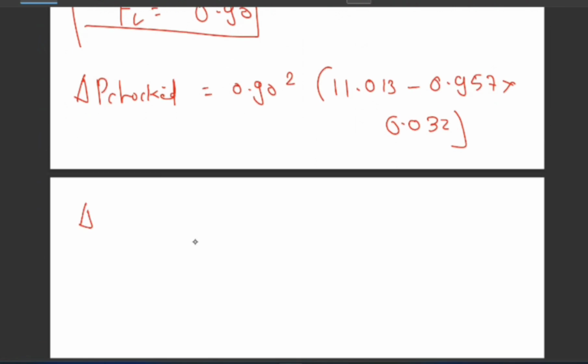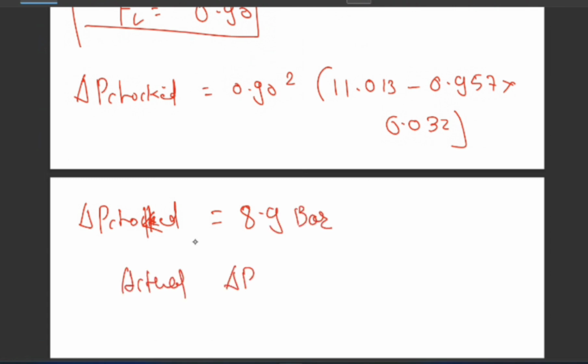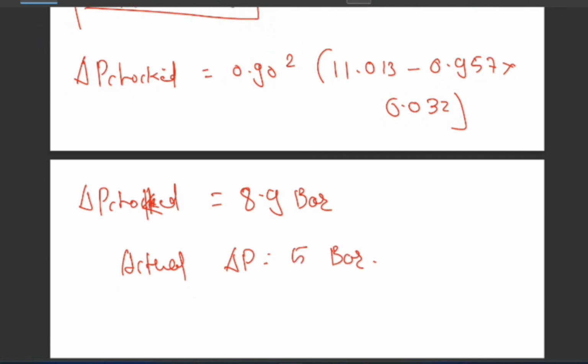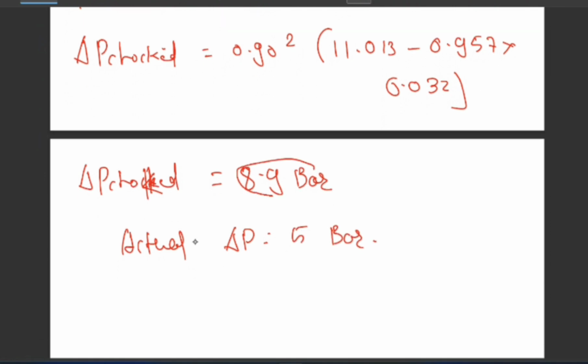So I got this value, delta P choked, which is 8.9 bar, and our actual delta P is 5 bar. So at this point your flow will be choked.